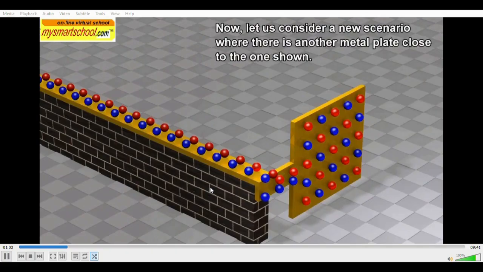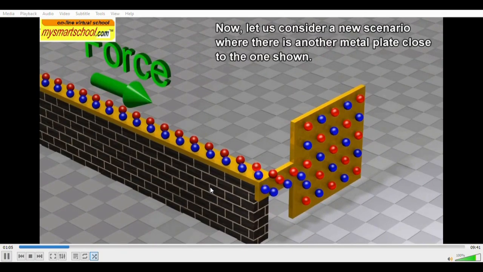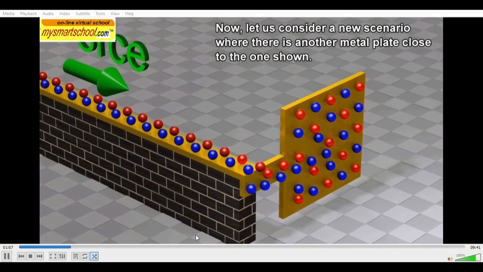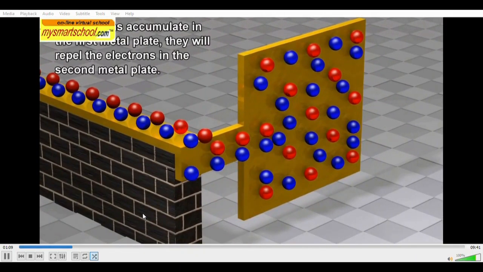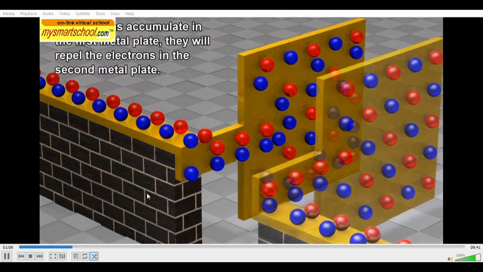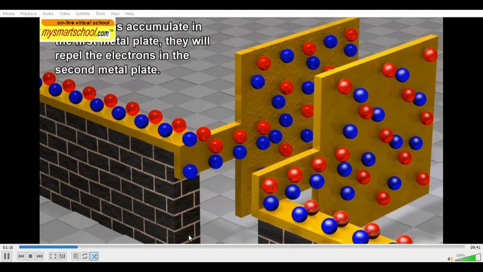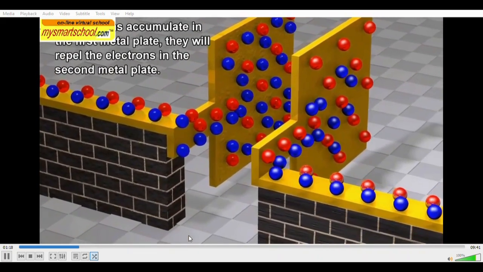Now let us consider a new scenario where there is another metal plate close to the one shown. As electrons accumulate in the first plate, they will repel the electrons in the second metal plate.